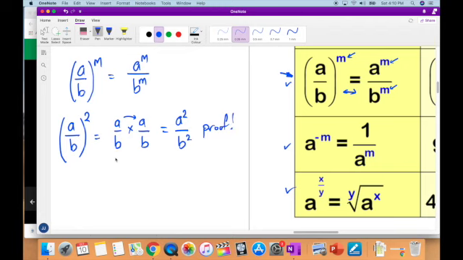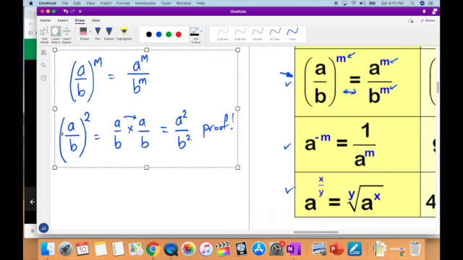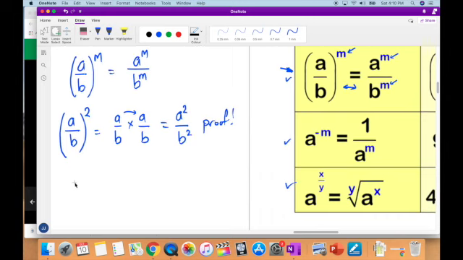Everybody understand this one? Alright, Shazay, you okay with this? That's all you have to do. Doesn't it make sense? Didn't we just show that this number here is the same as these numbers here?